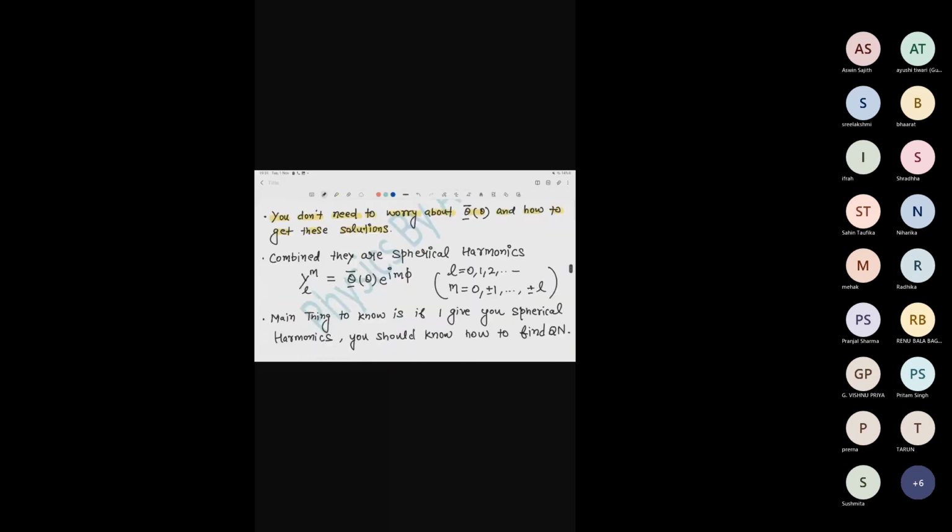I think you have all covered what spherical harmonics are. It's a combination of a theta part and a phi part. Theta is in terms of associated Legendre polynomials and phi is e raised to i m phi. So the main thing to know is, if I give you the spherical harmonics, can you tell me what the quantum numbers are? That you will learn, and it's quite simple to learn.